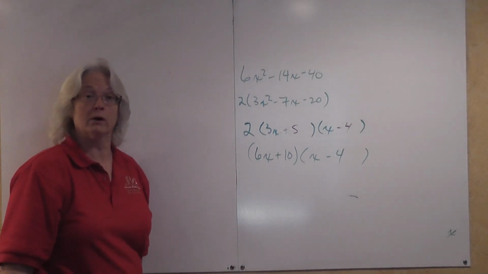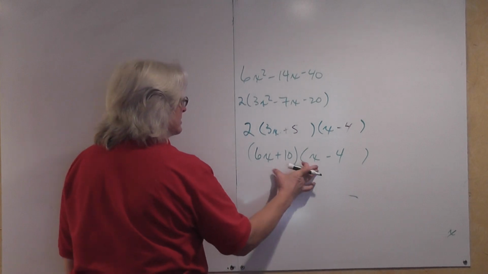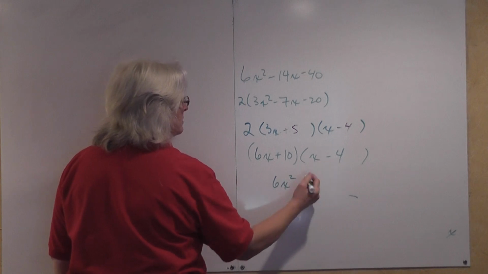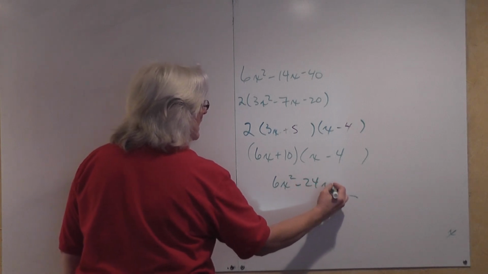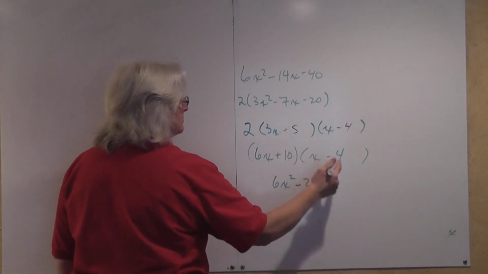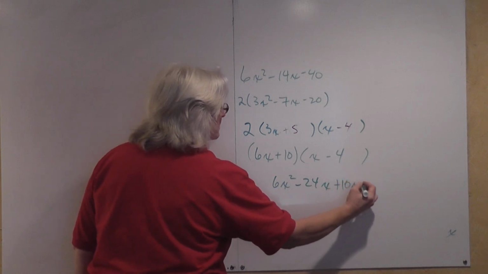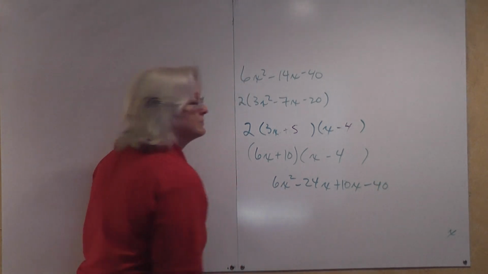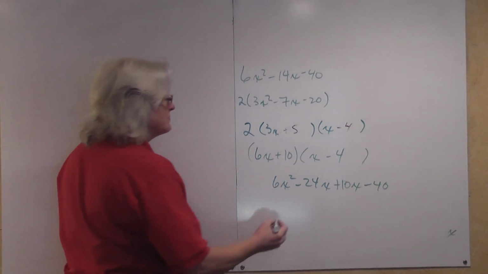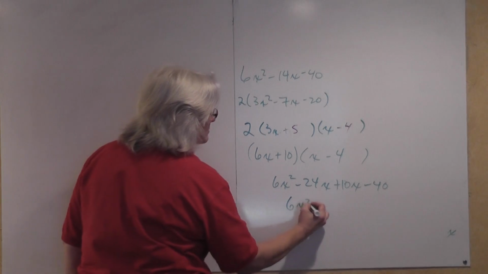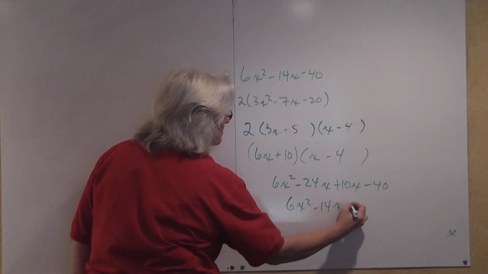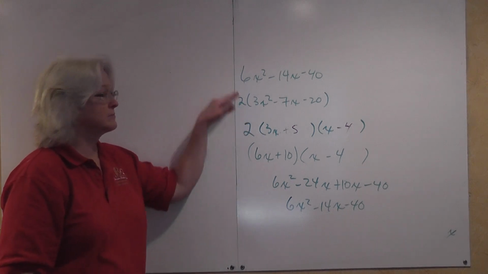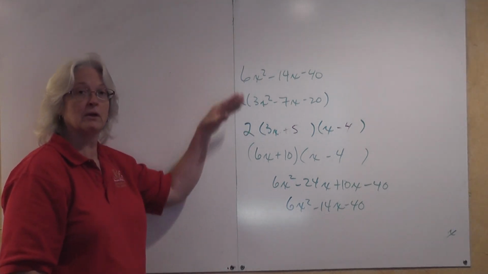We're going to FOIL: first partial product, 6x times x, 6x squared. The outer, minus 24x. The inner, plus 10x. And the last, minus 40. You collect like terms. 6x squared minus 14x minus 40, which, of course, is the problem that we began with.